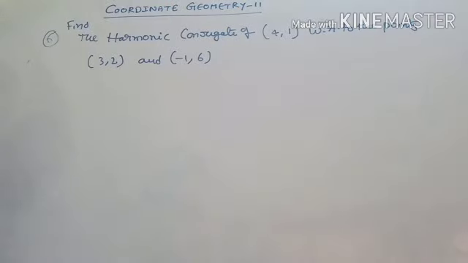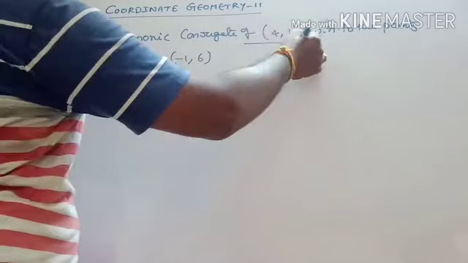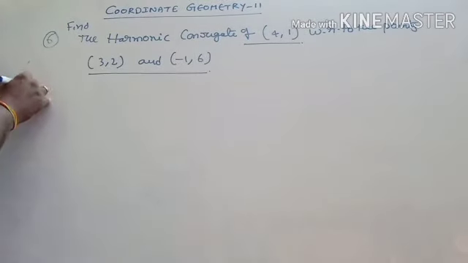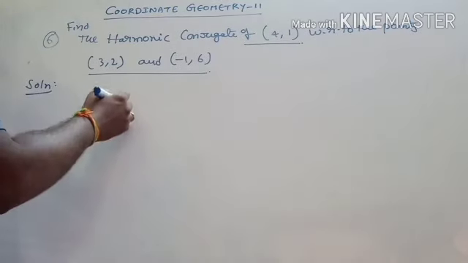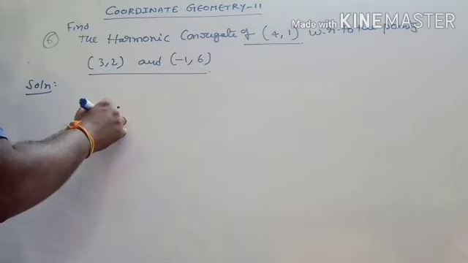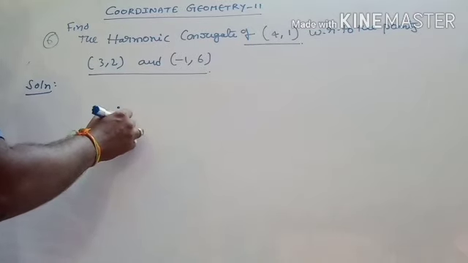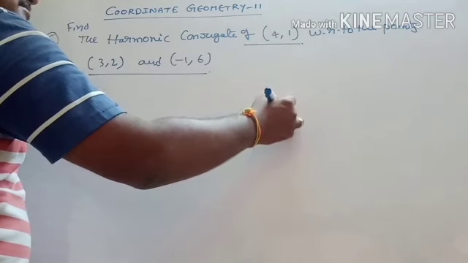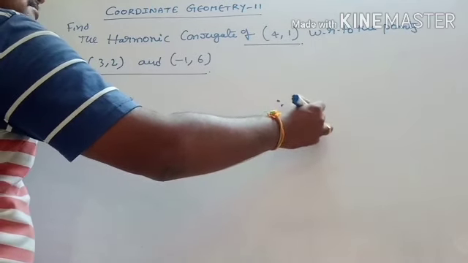Now, another interesting problem. Find the harmonic conjugate of (4, 1) with respect to the points. They have given 2 points. Okay, now let us observe how we will do this. Let us take one point as A (3, 2), right? Another point they have given is B, that is nothing but (-1, 6), right?